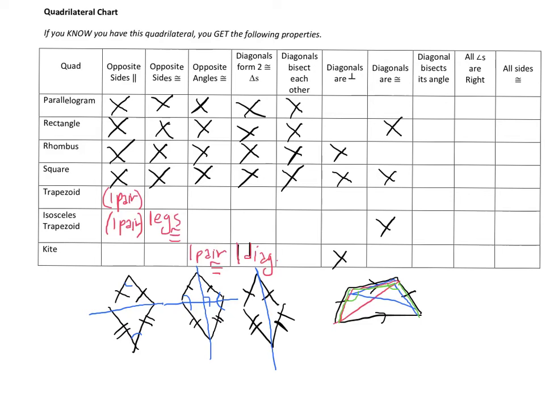Diagonals bisect its angle. That's a property of a rhombus that we have already in our notes, which is therefore also a property of a square.